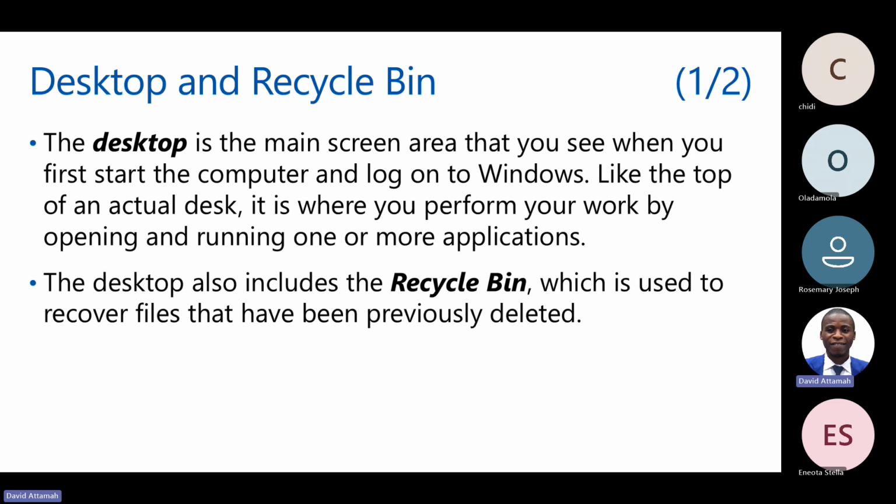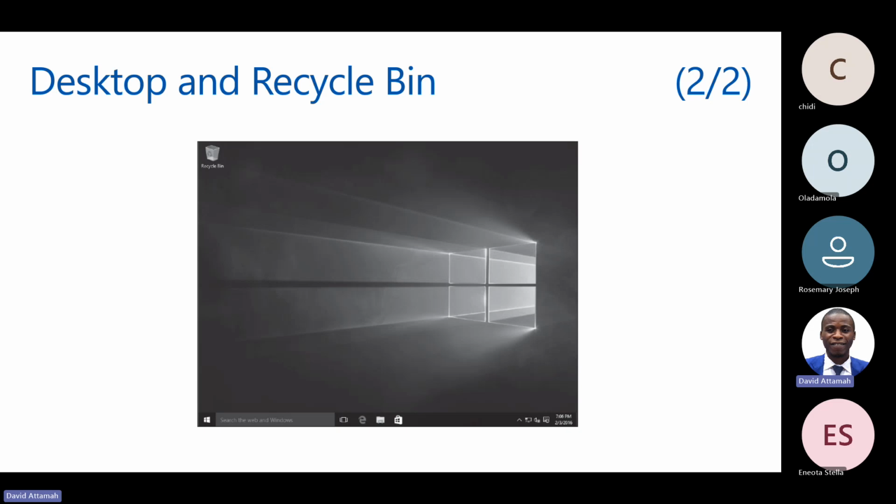When you select an item, maybe an icon, a picture, a video, a document, and you right click, or you just click on it and press delete, it will move from there to your recycle bin. The recycle bin is always located on your desktop, as you can see here on the screen.